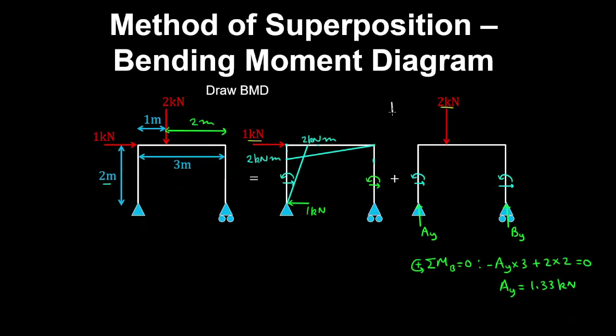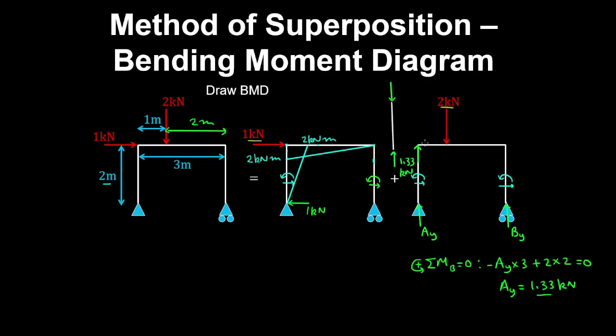And if we take a free body of the left column, we have AY acting on it in the bottom. So therefore, for vertical equilibrium to be satisfied, we must have the same force acting on the top. And by Newton's third law, we have an equal and opposite force acting on the beam. So that's also 1.33 kilonewtons.